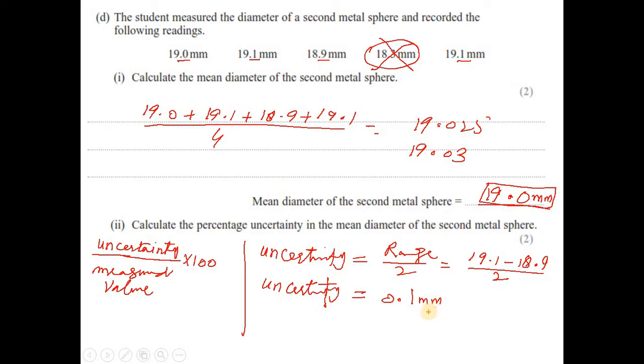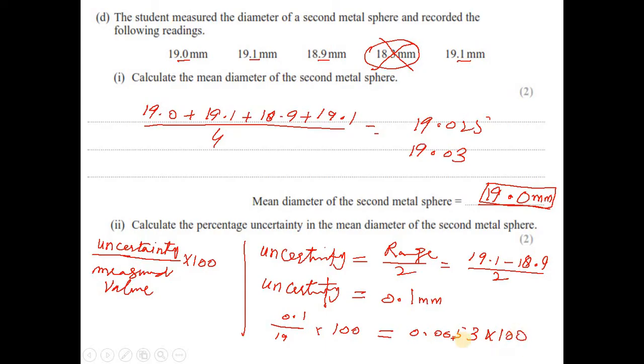So your percentage uncertainty will be 0.1 divided by the measured value, which is 19.0, times 100. That means 0.00528, so 0.0053 multiplied by 100.